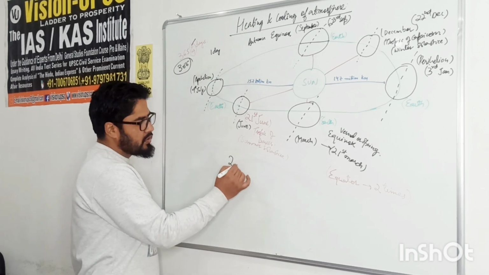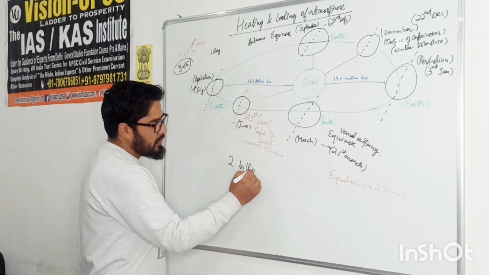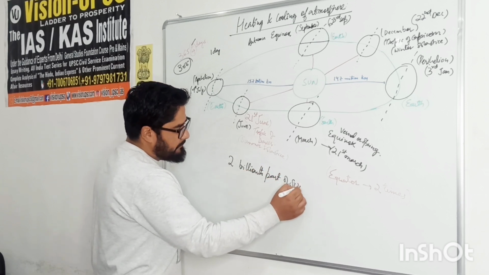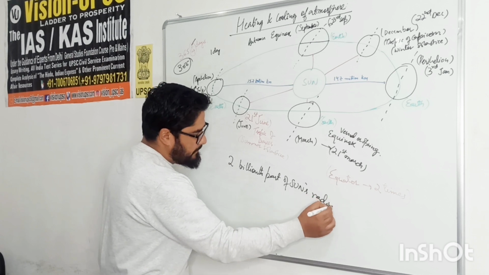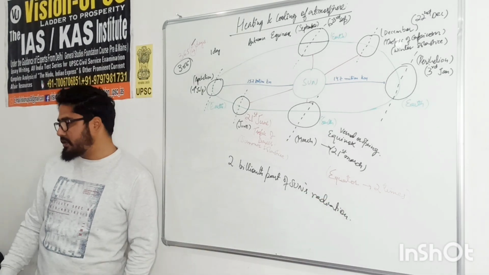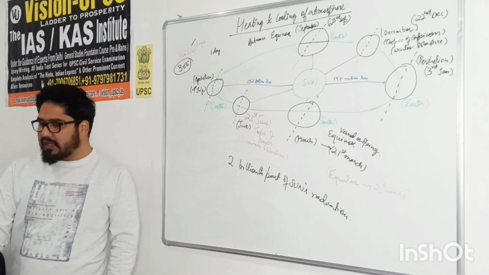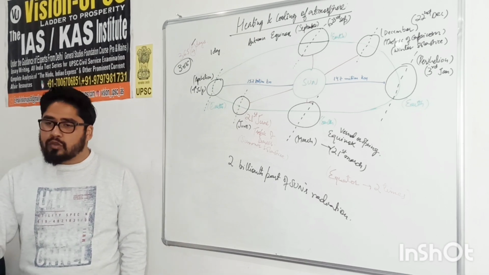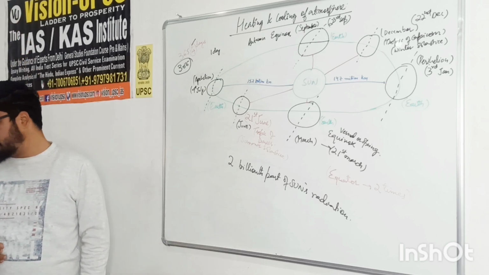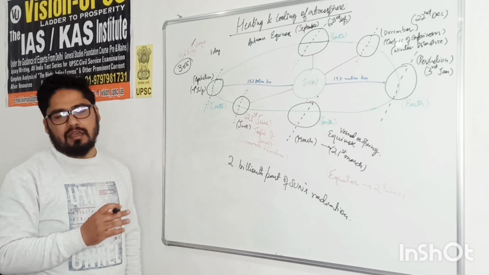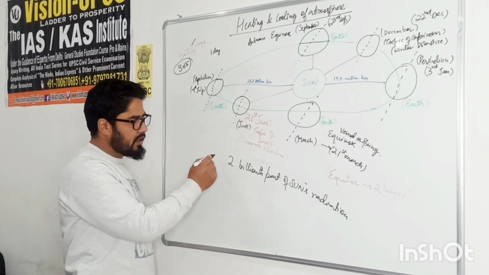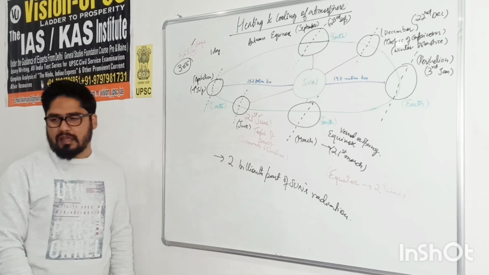Earth receives 2 billionth part of sun's radiation. सन से अगर रेडिएशन निकलती है उसके 2 billionth वाला हिस्सा अर्थ इज रिसीविंग एट इट्स अपर एटमॉस्फेयर. It is nothing as compared to what sun is producing. ठीक है? Earth is receiving 2 billionth part of sun's radiation.